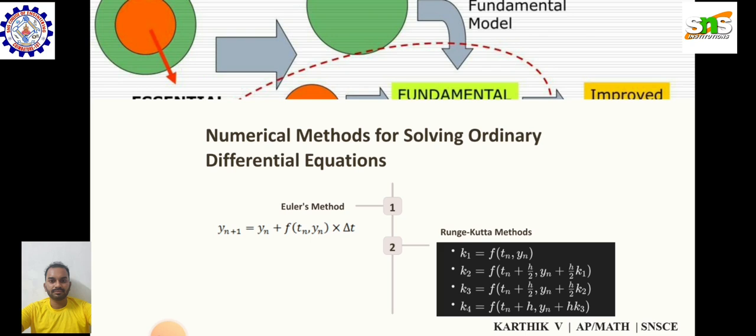Third, iteratively approximate the solution at each step. First, calculate the slopes k1, k2, k3 and k4 using the following formulas. k1 = f(tn, yn), k2 = f(tn + h/2, yn + h/2 k1), as well as k3 and k4.